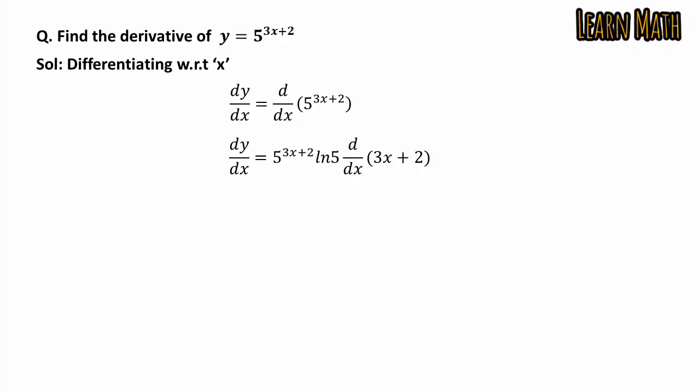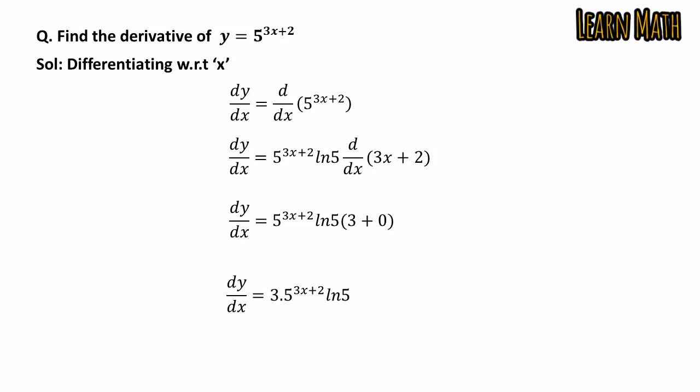Here a^x is 5^(3x+2), ln a which is ln 5, and then take the derivative of the function d/dx of 3x + 2. So dy/dx is equal to 5^(3x+2) ln 5, and the derivative of 3x, which is 3, and the derivative of 2, a constant number, is equal to 0. Now simplifying, dy/dx is equal to 3 · 5^(3x+2) ln 5.